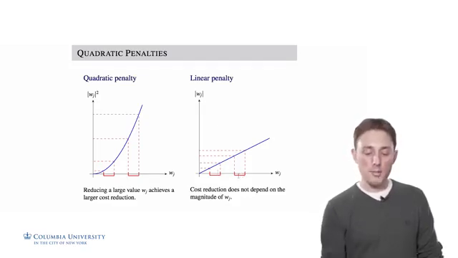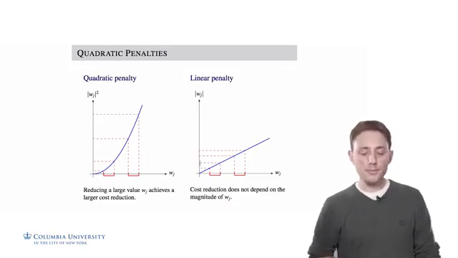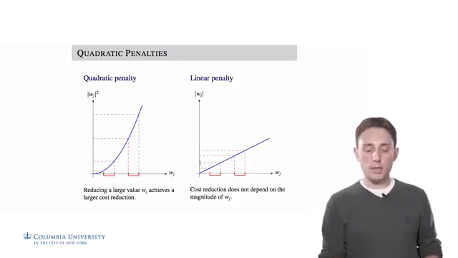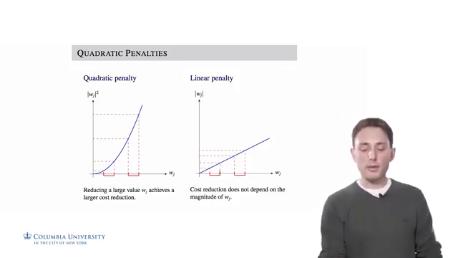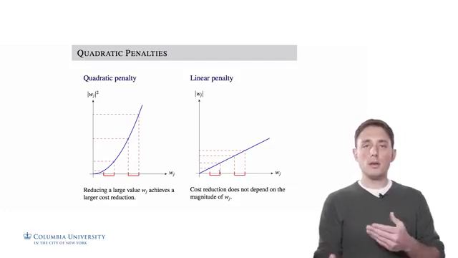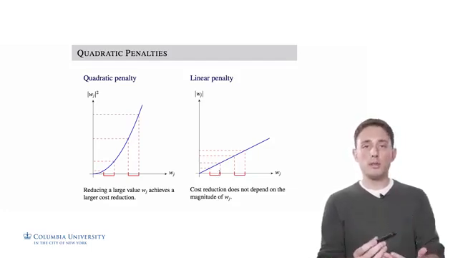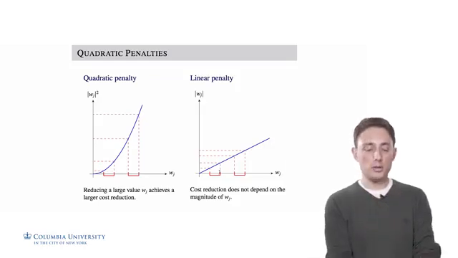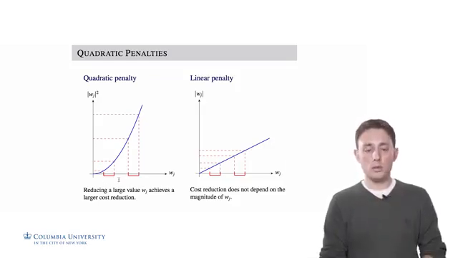Subtracting off the same amount is going to reduce the penalty by the same amount. And so we can see already that the L1 penalty is not going to favor the starting point of the magnitude. It's really going to just consider the amount that's subtracted off, which is quite different from the quadratic penalty.